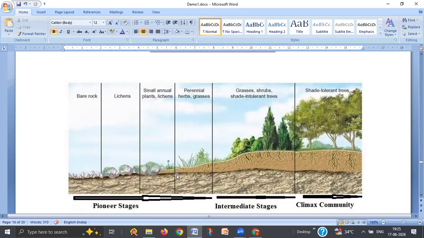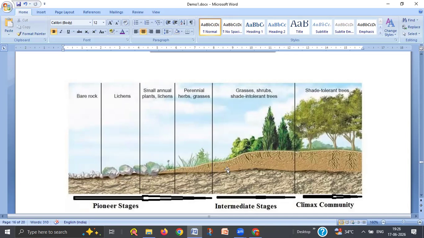So due to the several biological and chemical atmospheric factors, the weathering of the rocks occurred and soil is formed. Here, crustose lichens started their life on the surface of the rocks. And second, foliose lichens, fruticose lichens, next mosses, herbs, shrubs, and trees. Finally, climax stage, forest. So here there is much soil formation.